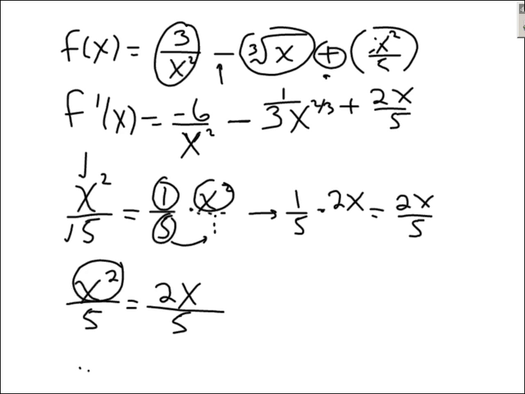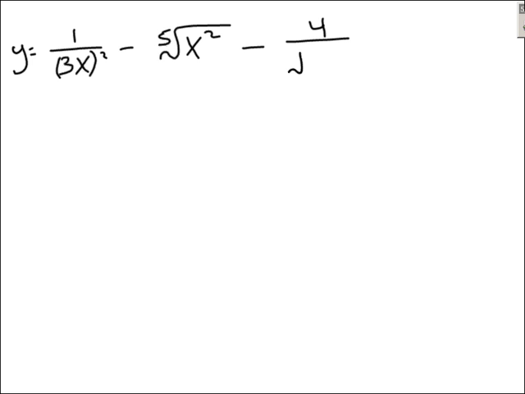Okay, so basically what you need to do is rewrite the function so that each term is nothing more than a constant times x to a power. So let's try a couple of others. Suppose you have this one.